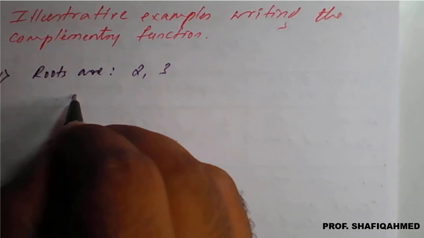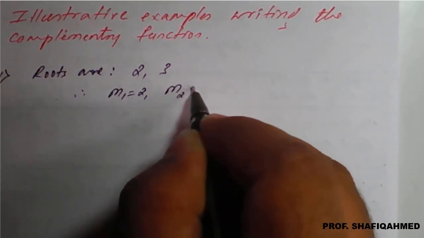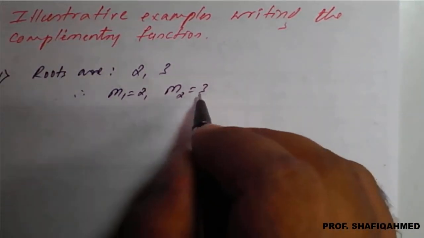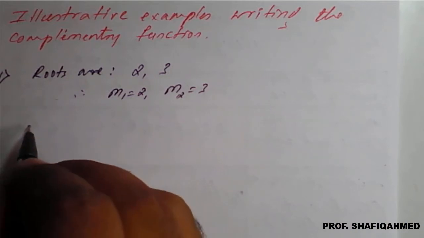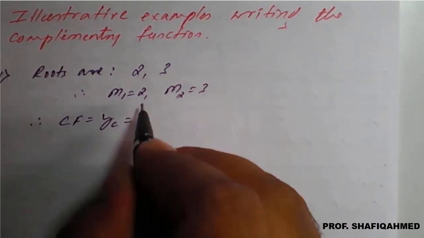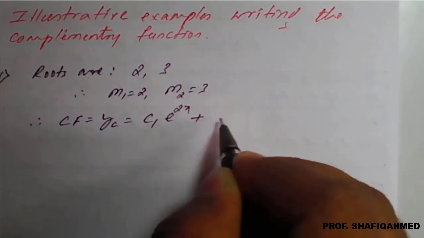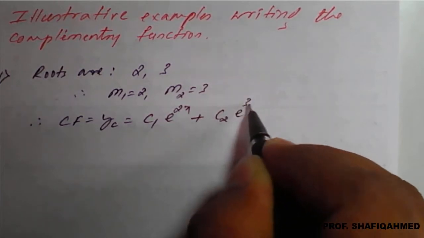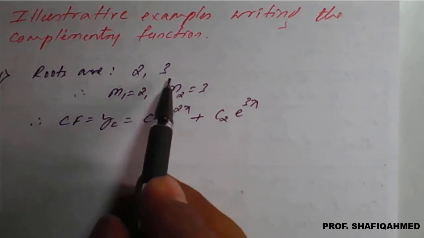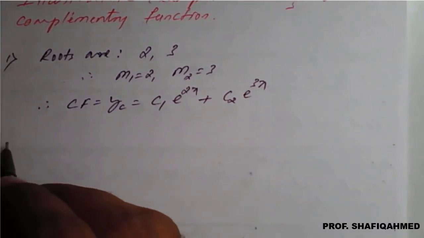So I am considering m1 equals 2 and m2 equals 3. Therefore the complementary function yc is written as c1 e raised to 2x plus c2 e raised to 3x. So this is real and distinct roots, the first example. Second one we'll see next.